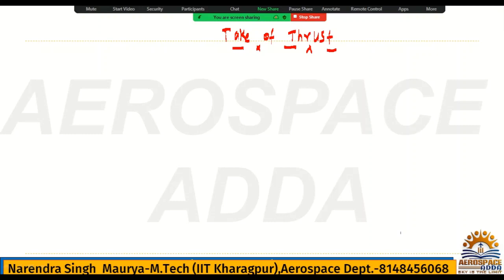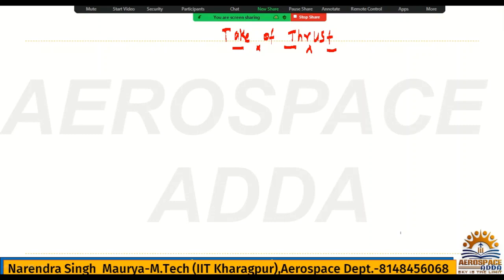At 10 kilometer altitude, what is the thrust, that is one parameter. But at the takeoff time, whichever engine is giving good thrust, that engine you will use. Even at 10 kilometer altitude, definitely you will have velocity, because that will be the cruising condition, and in cruise you will have a maximum velocity.